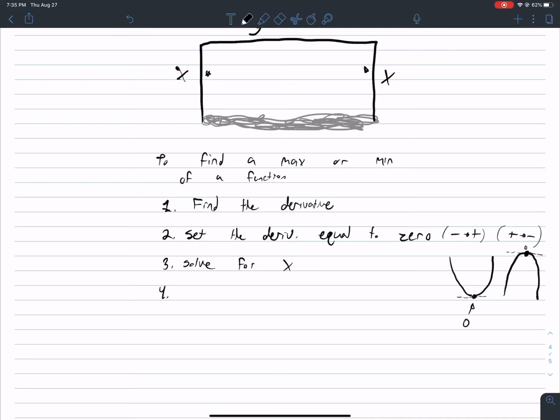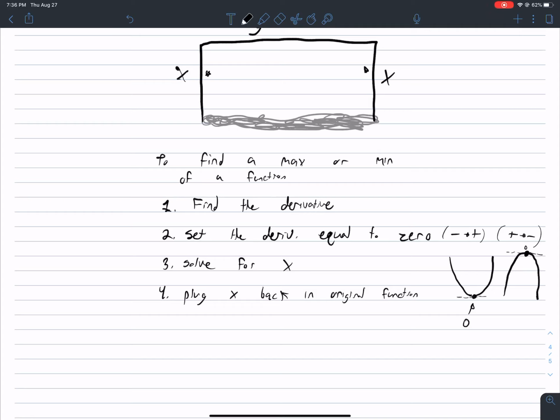Once you get that x, that's going to be your x coordinate, and to find your y coordinate, all you have to do is plug it back into your original function. Don't plug it back into the derivative. Plug x back into the original function.